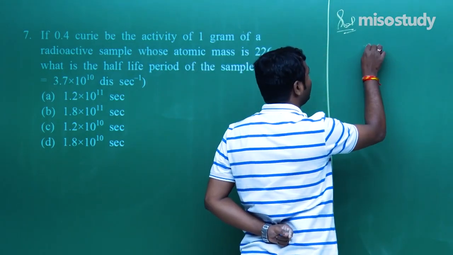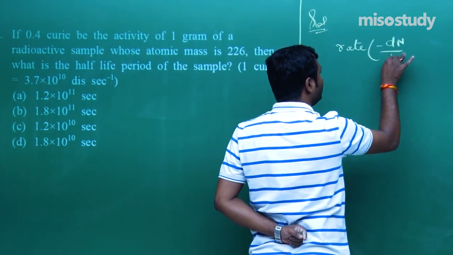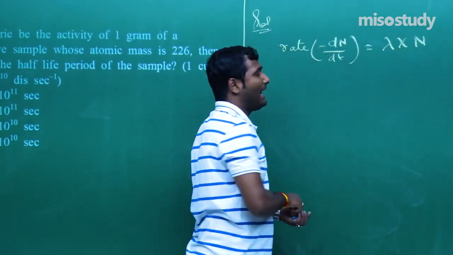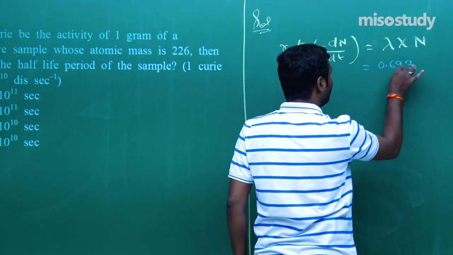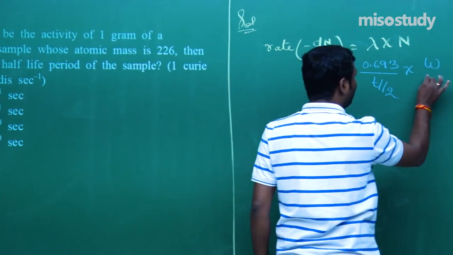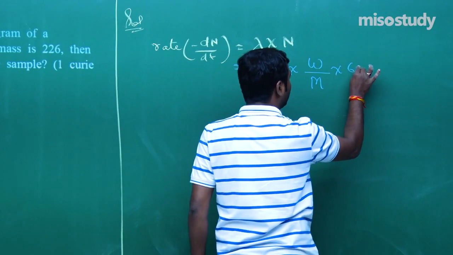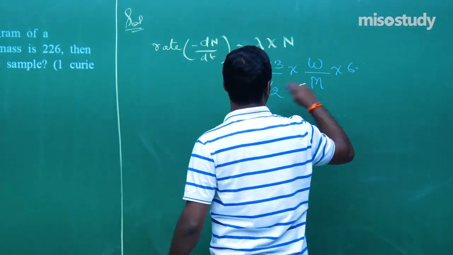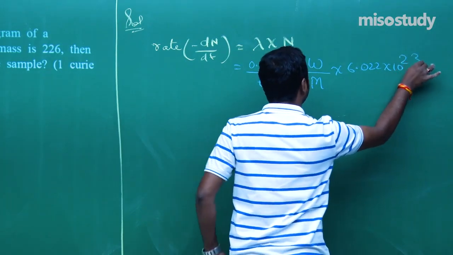So minus dN/dt is equal to lambda times N, and we know lambda is equal to 0.693 upon T half, and N is equal to given mass upon atomic mass multiplied by Avogadro number, 6.022 into 10 to the power 23.